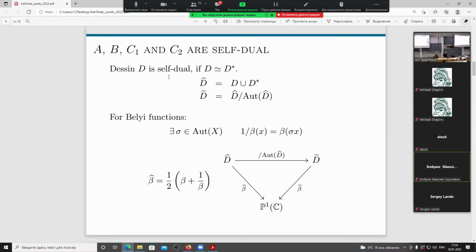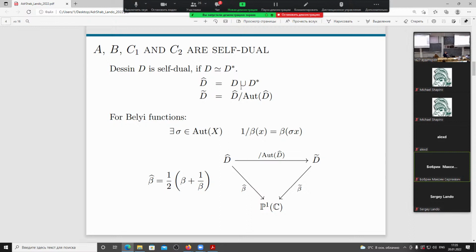And self-duality means that this new dessin has a non-trivial automorphism of order 2.